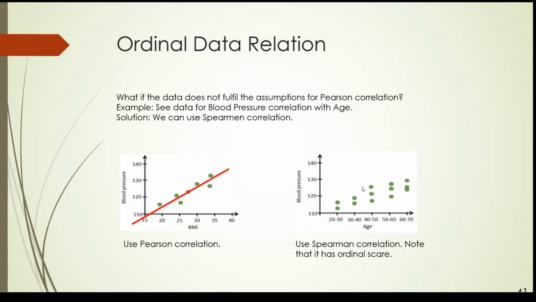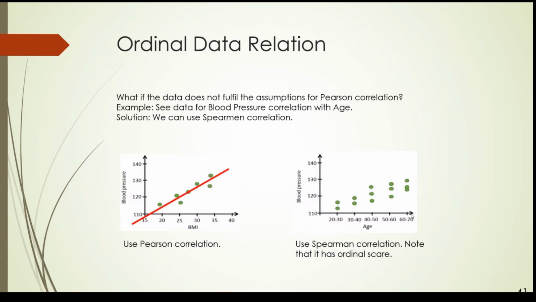So let's look at the second example. It is blood pressure versus age as compared to blood pressure versus BMI. So in this case, you see, for people from the age of 20 to 30, they can have blood pressure as low as 114 to 116, right?